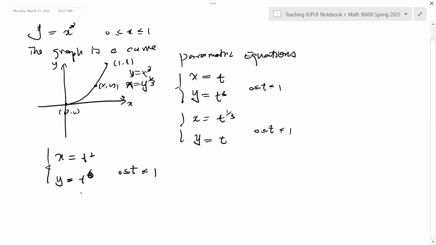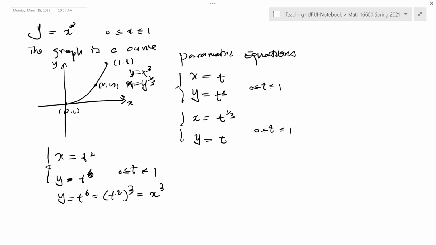As long as I keep the relationship between y and x, that y is x cubed: y is t to the power 6, and t squared is x, so x cubed. Then you get the same orbit. So the parametric equations are not unique for the same curve.